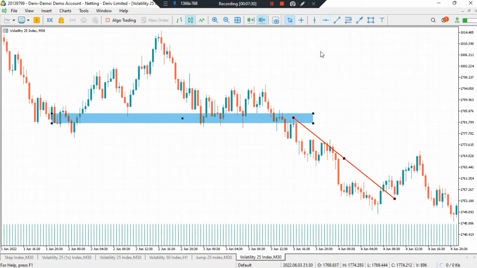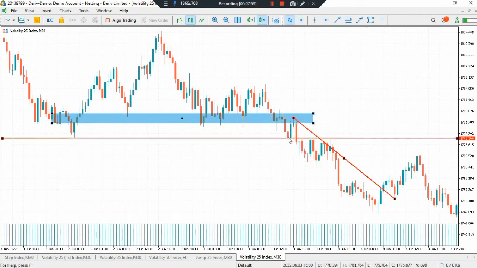So as you can see, we broke below around this area. This was a retest. Maybe you may fail to notice this, but if you dial down to the 30 minutes or the 15 minutes time frame, I guess it will be much clearer. So this is your small retest to the downside. So you're actually placing your sell stop around here.